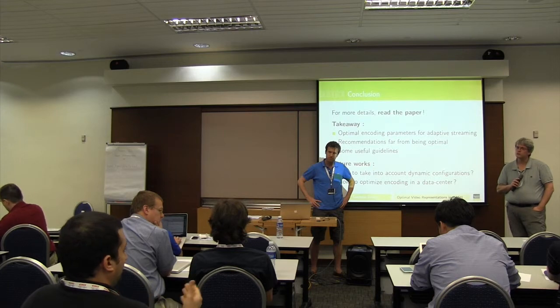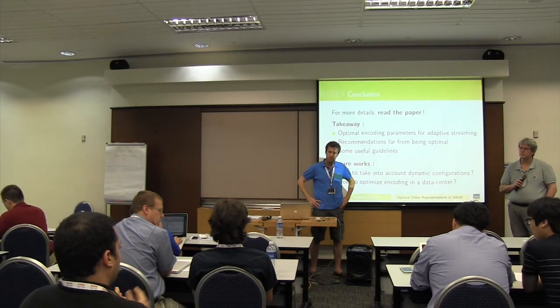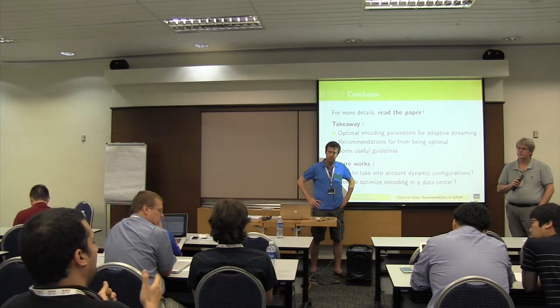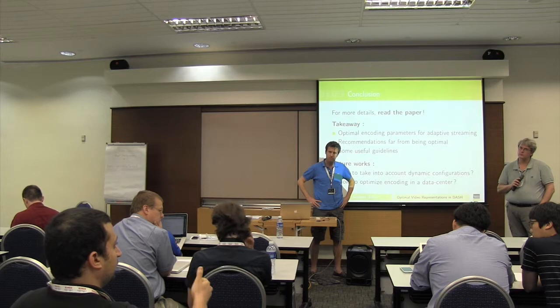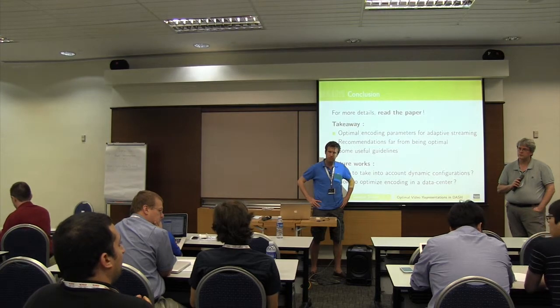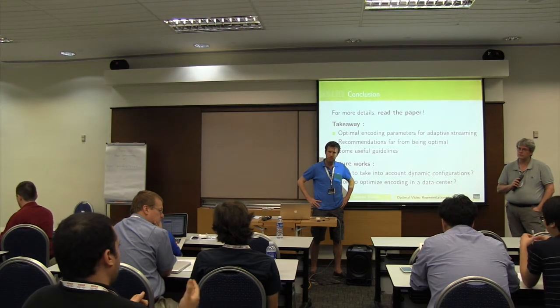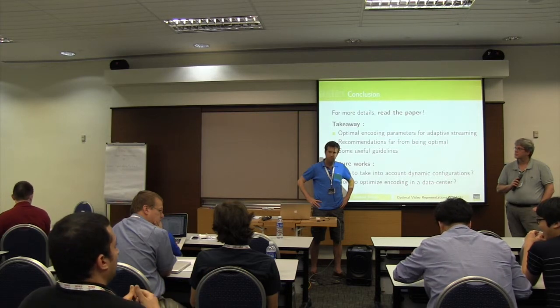But as an ISP, it is always good to ensure some level of stability while the user watches the video. And this has some application also on caching infrastructure, CGNs, and so on.